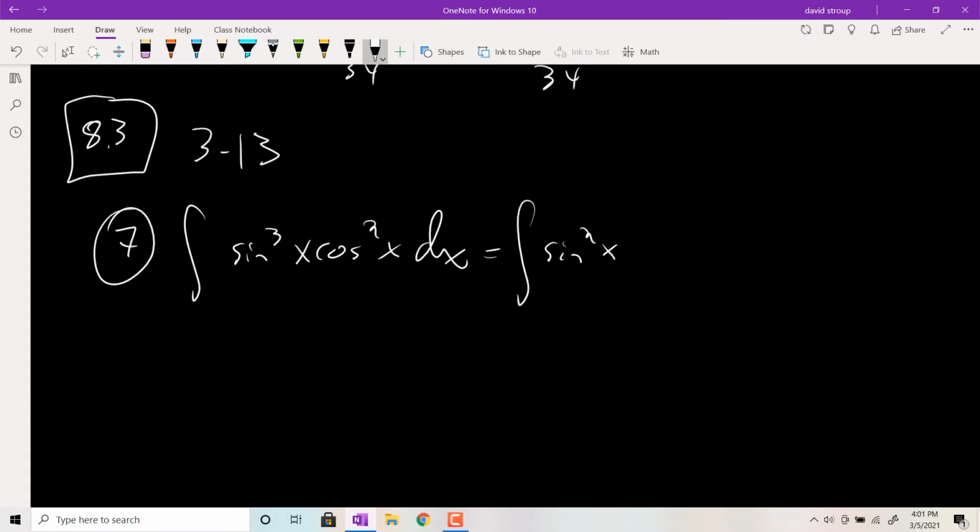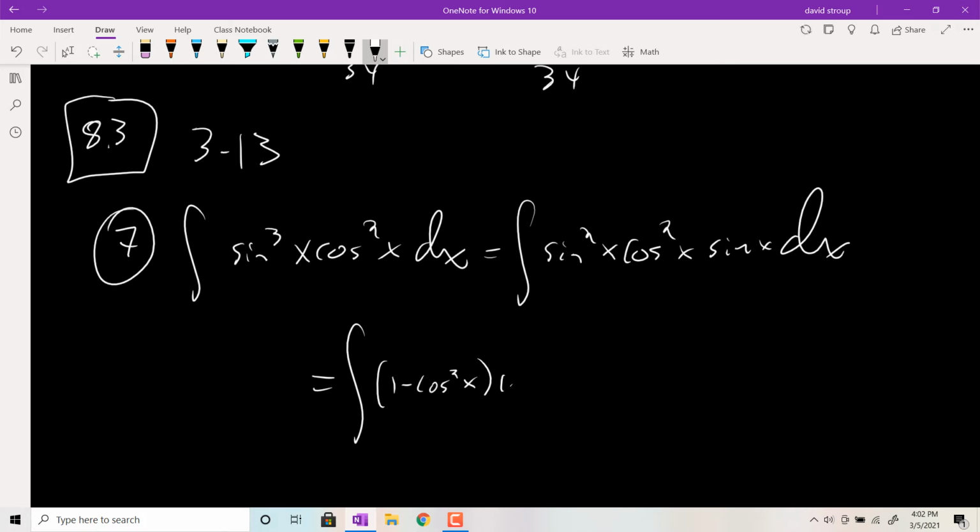So if you push back one factor of sine, you'll end up with this. And then you could do a Pythagorean identity on sine squared, replace that with 1 minus cosine squared. And then you could replace all the cosines with a u sub.